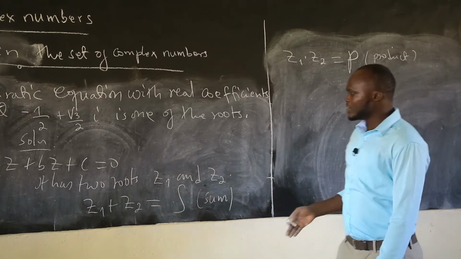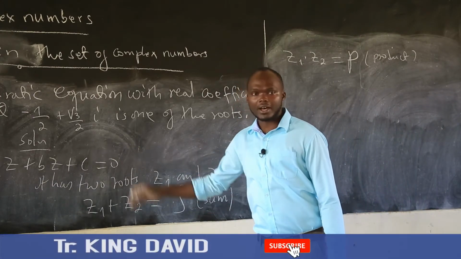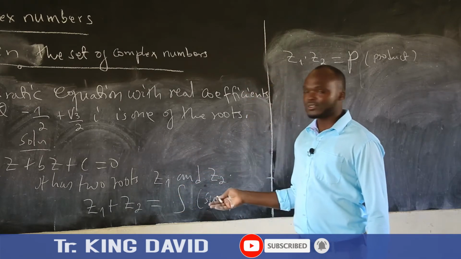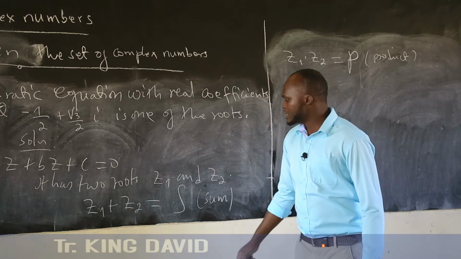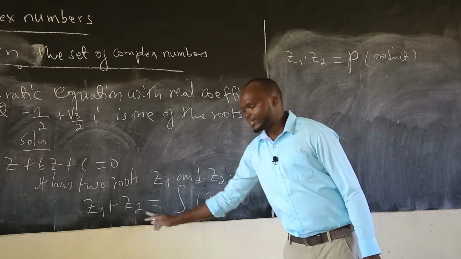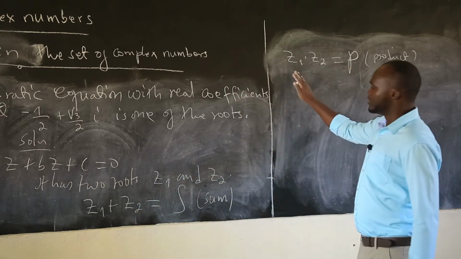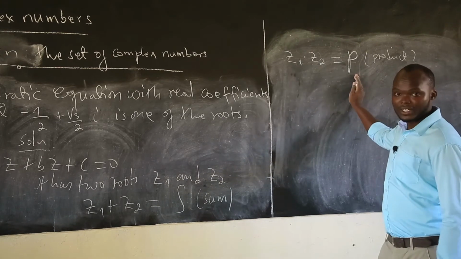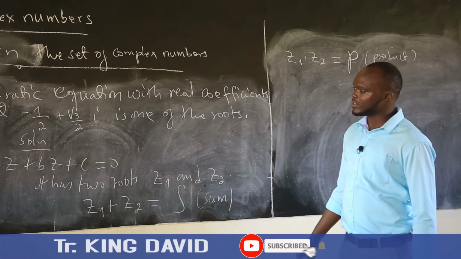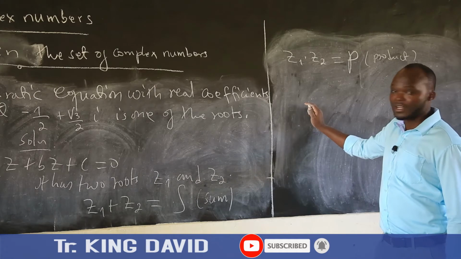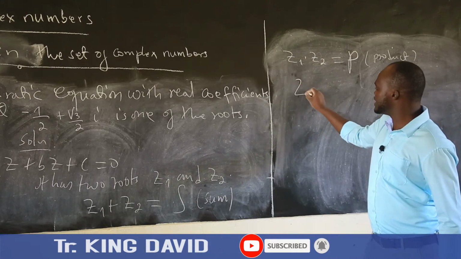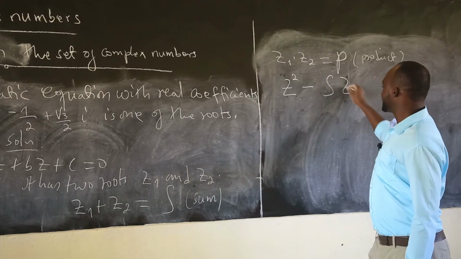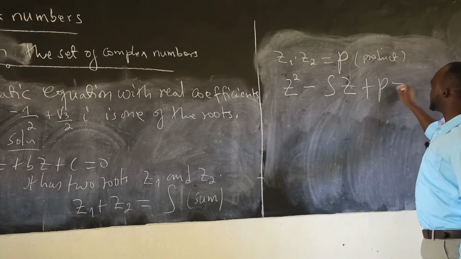So when you are given one of the roots in a complex number, then the other root is the conjugate of that one. When you take z1 plus z2, it is a sum, and when you take the product of those roots, you get the product. So there is a quadratic equation in the form of sum and product, and that is z squared minus sz plus p equal to 0.